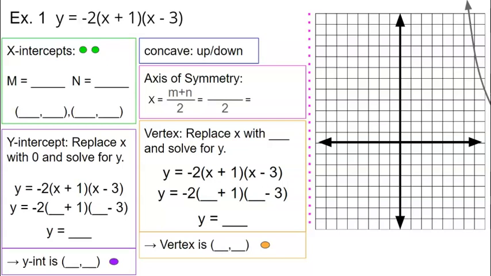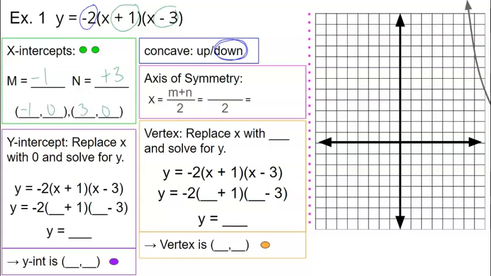Our a value is -2, so we are going to open down. Then we identify m and n. We have +1, which makes it the opposite, -1, and we have -3, which makes it the opposite, +3. So our x-intercepts are (-1, 0) and (3, 0).